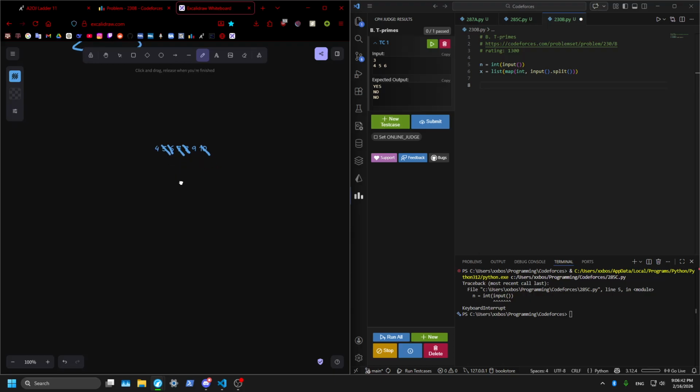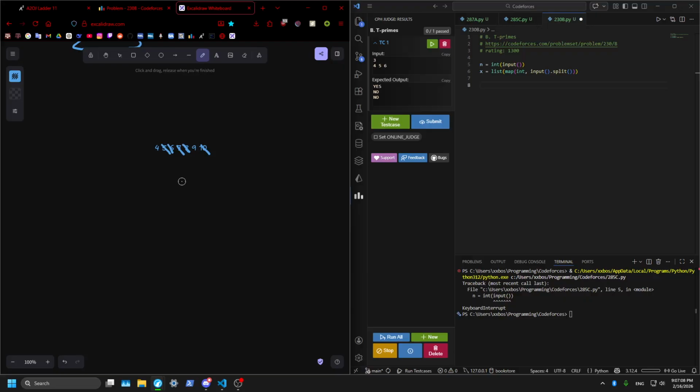Kill 5. So 4 and 9 are the first two T-primes. What is 4 and 9? 3. Okay, 3. Multiples of 3. 3, 6, 9. 9 is the first.